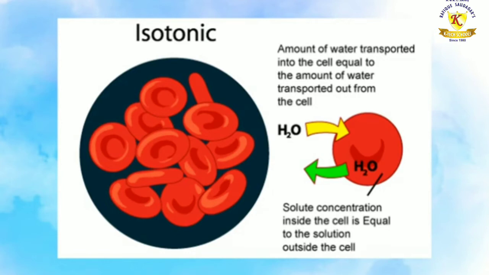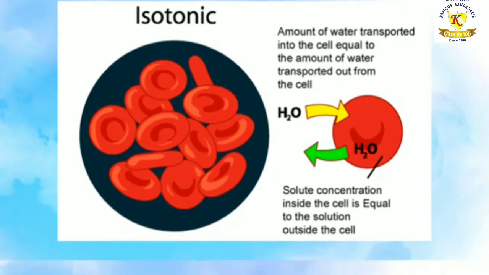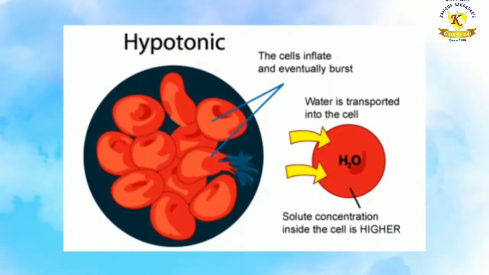So this is called isotonic solution, where the amount of water transported into the cell is equal to the water transported out from the cell. The solute concentration inside the cell is equal to the solution outside the cell. So this is known as isotonic.